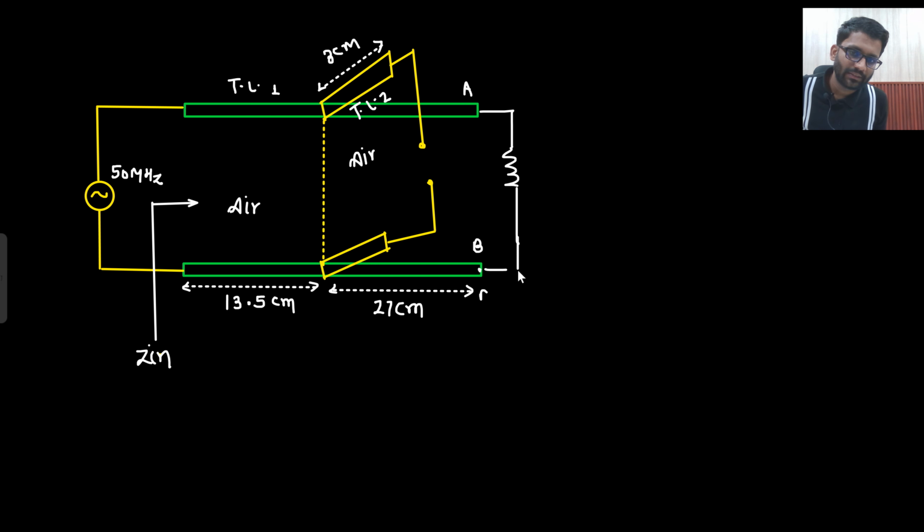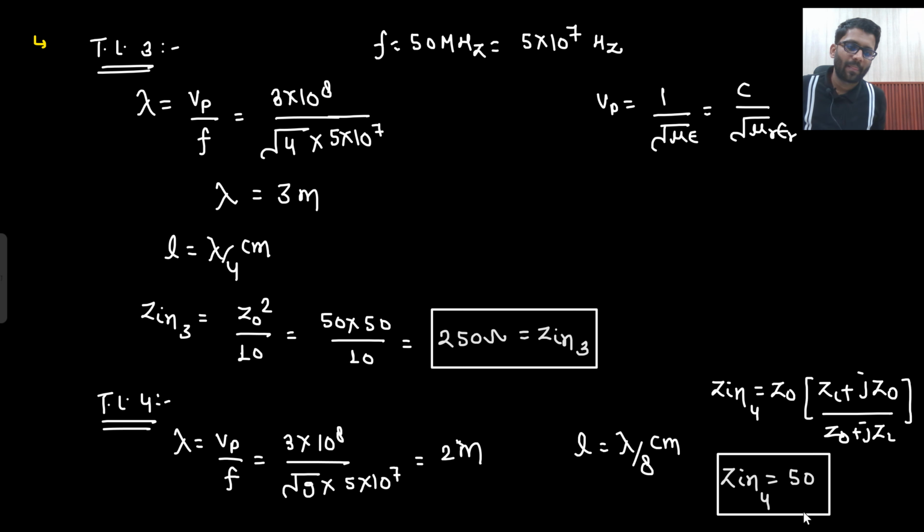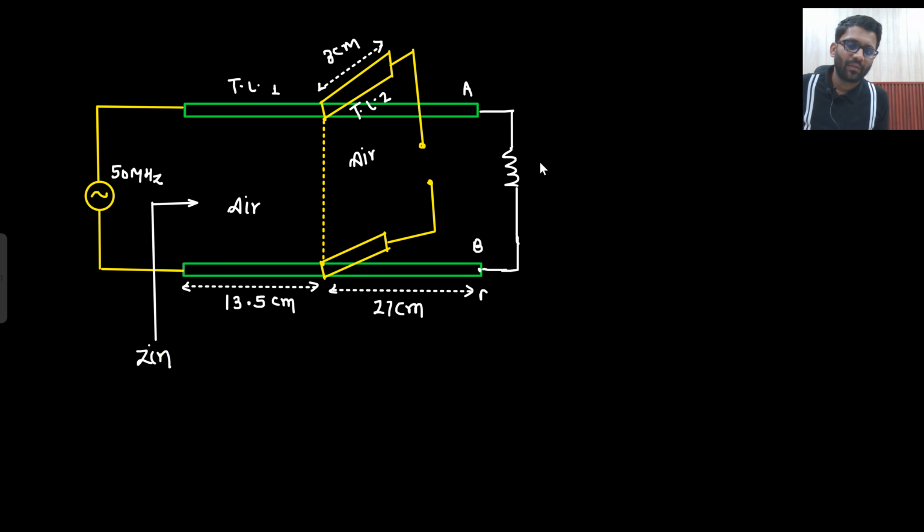Which are those impedances? 50 ohm parallel with 250 ohm. What is the value you will get? 250 into 50 divided by 300.